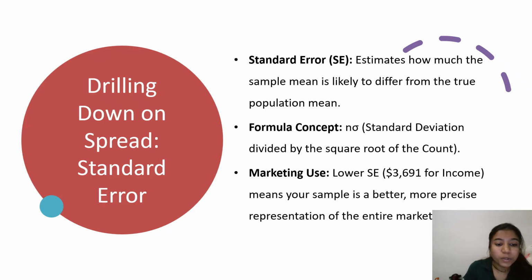In marketing, we rarely interpret the raw variance value. Standard error, which is 3,691 for income, is more crucial. This estimates how much the sample mean is likely to differ from the true population mean. A smaller standard error means our sample data is a better representation of the entire market.